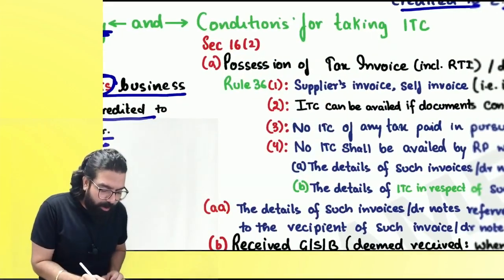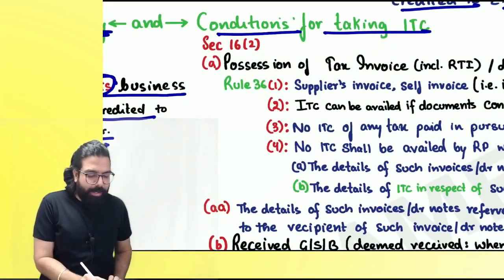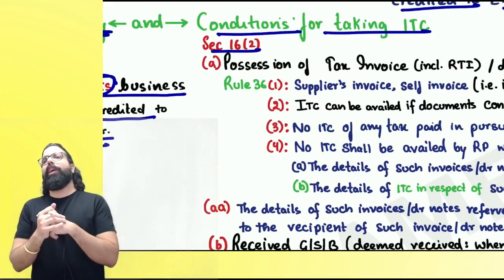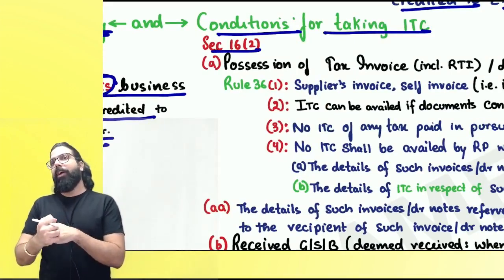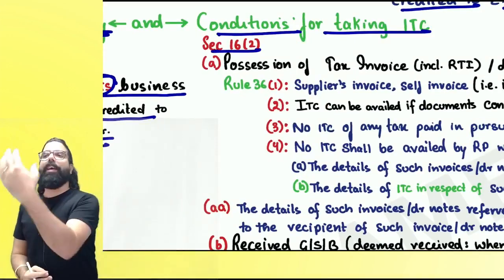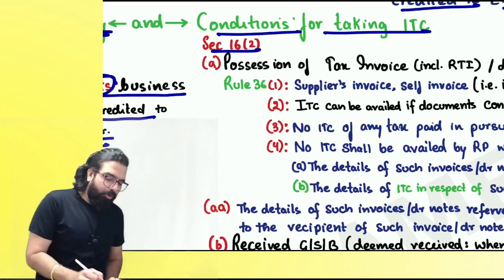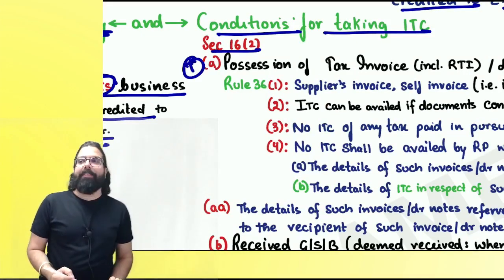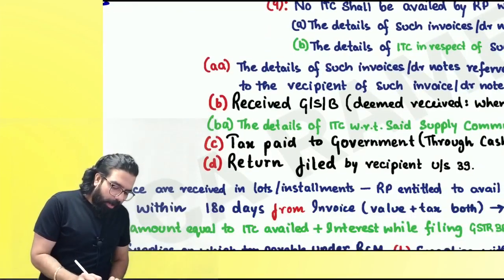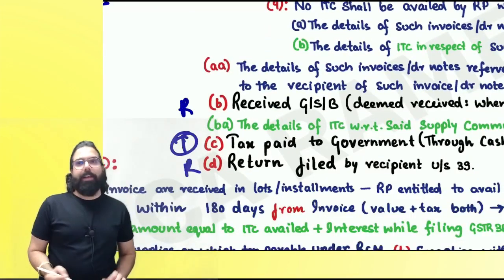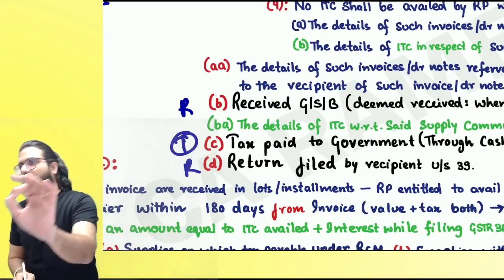Now we have the next one over here. Conditions for taking the credit. Section number 16(2) talks about the conditions for taking the credit. Earlier, if you guys remember, we had only 4 conditions. I used to talk about it as P, R, T, R condition. Sir, you should have the tax paying document.